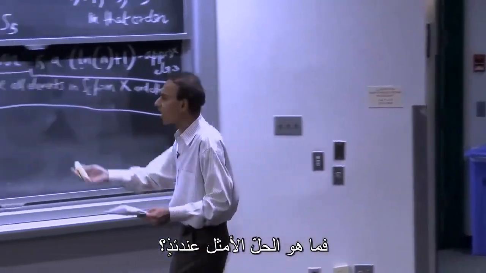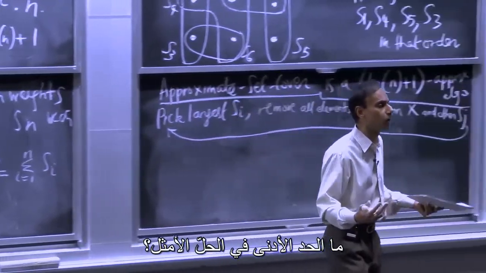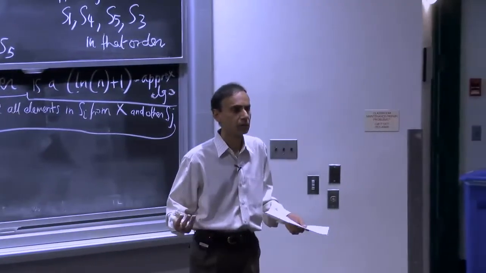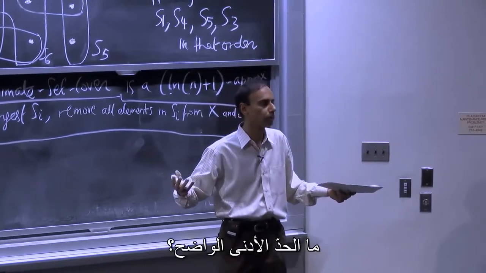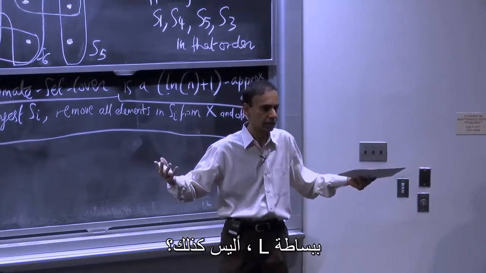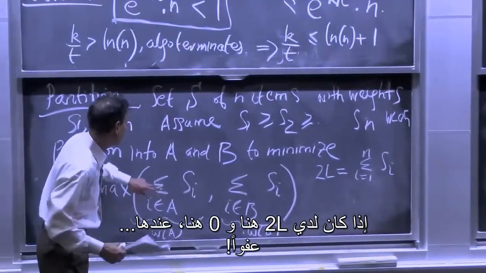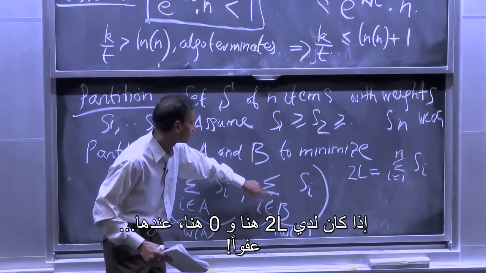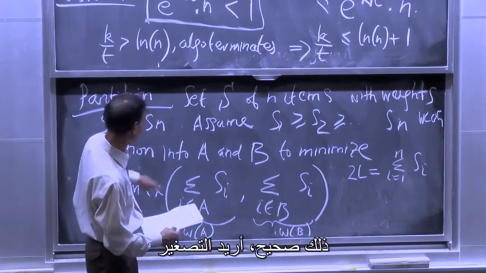Then my optimum solution is what? What is the lower bound on the optimum solution? If it's 2L, what's the trivial lower bound? Just L, right? So I could have L here and L there. And if I had 2L here and 0 here, then, that's right, I want to minimize.